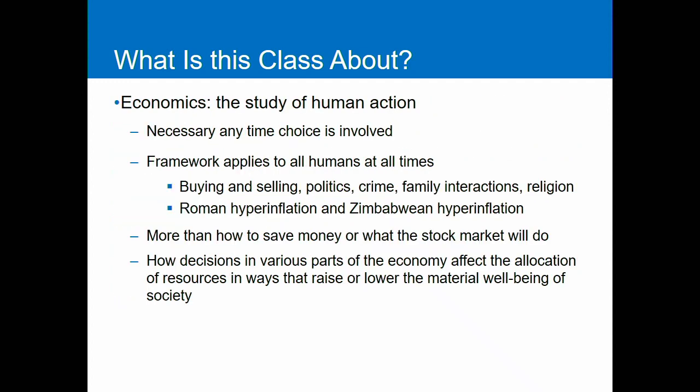That's repeated slides, sorry. So, economics is a study of human action. And again, anytime there's choice involved, we can use the tools of economics. And this applies to all humans at all times. So this is whether people are buying and selling in the marketplace, which is mostly what we're going to talk about in this class. But there are economists who have taken these tools and applied them to other areas. So for instance, politics.